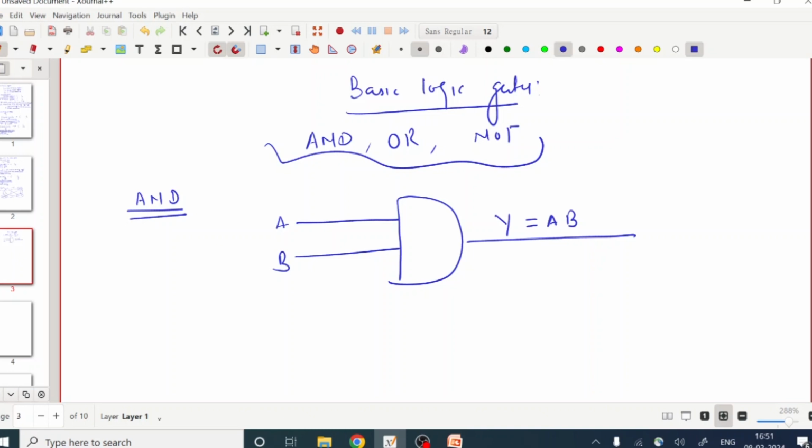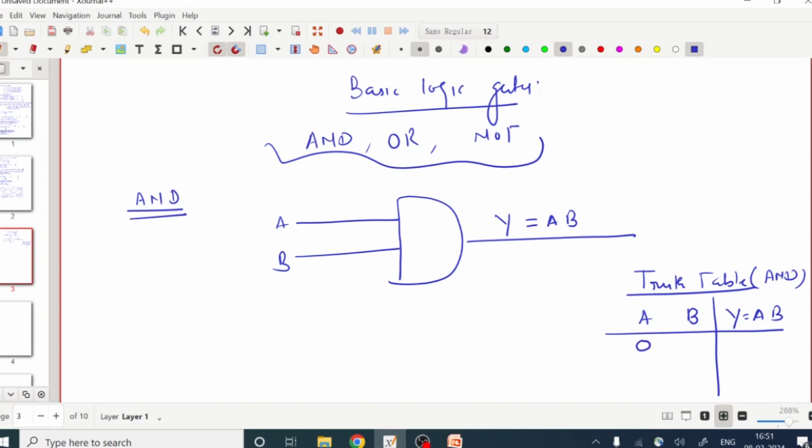Here, what is the truth table of the AND gate? There are two inputs A and B and one output Y, written in the form of A AND B. What are the possible combinations of inputs? One possible combination is A is 0, B is 0. Another is A is 0 and B is 1. Another is A is 1 and B is 0.